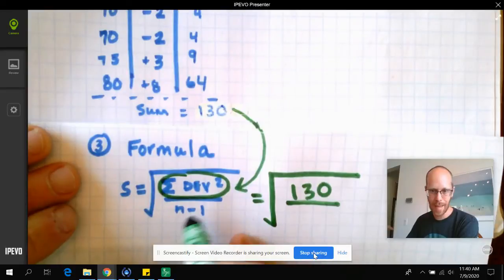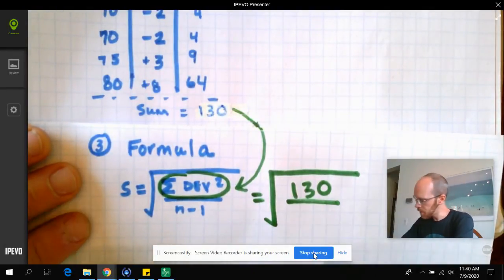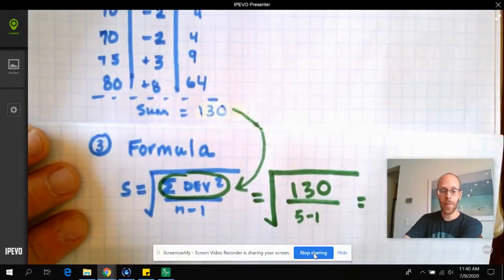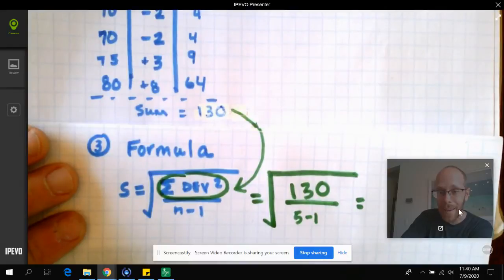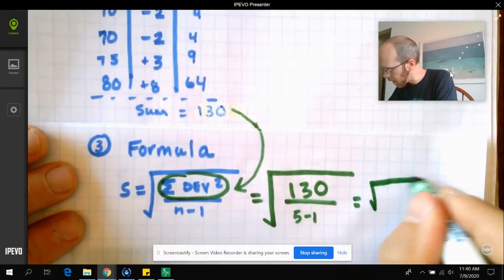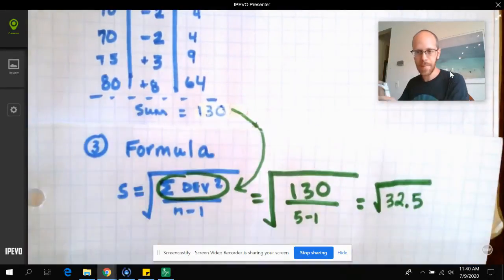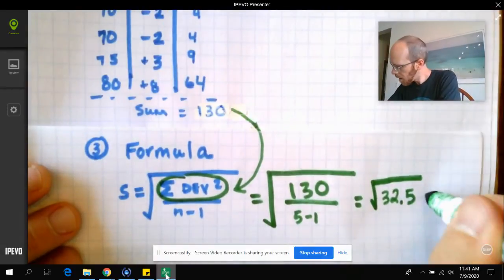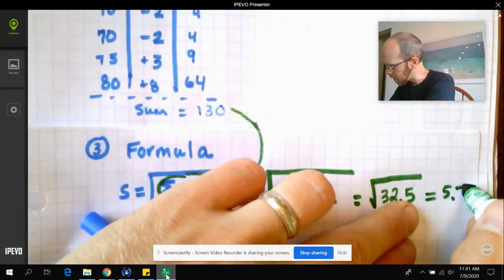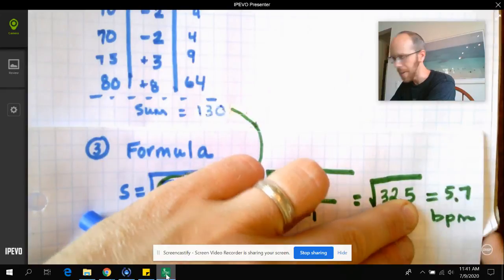We're going to divide by the sample size minus 1. There were 5 observations, so this will be 5 minus 1, which means we're really taking 130 and dividing it by 4, which would leave us with the square root of 32.5. At this point, you punch that in the calculator, you get 5.7 beats per minute.